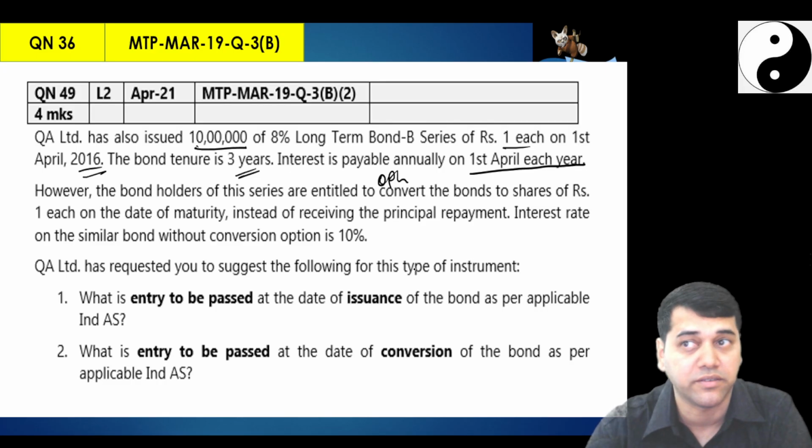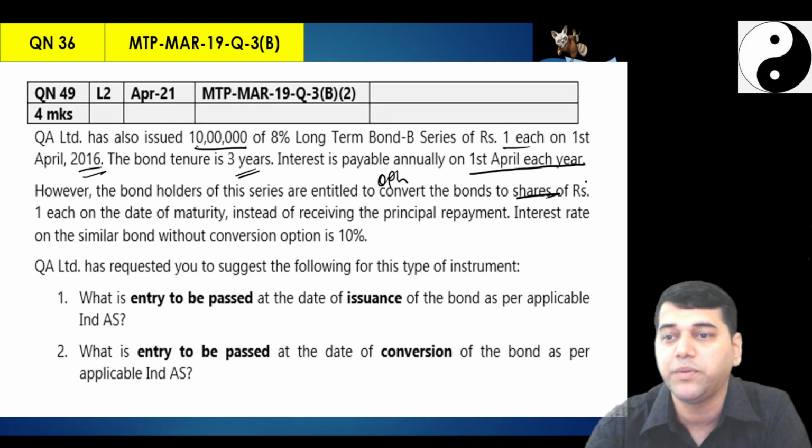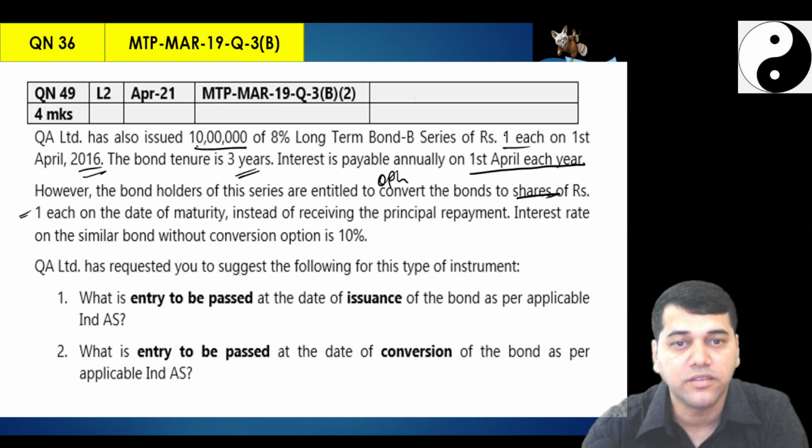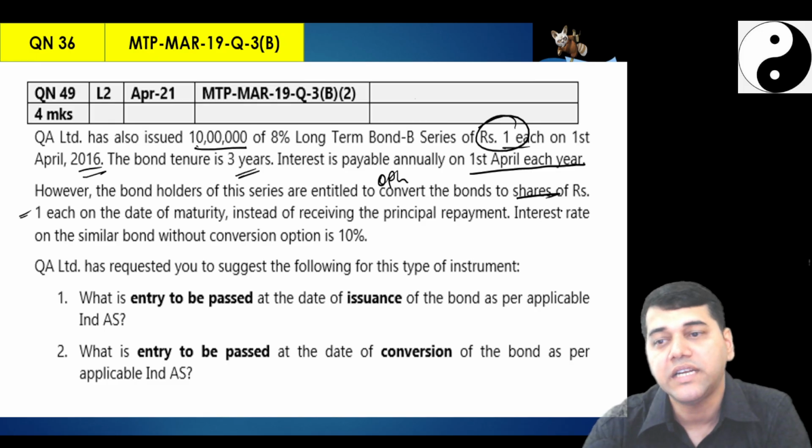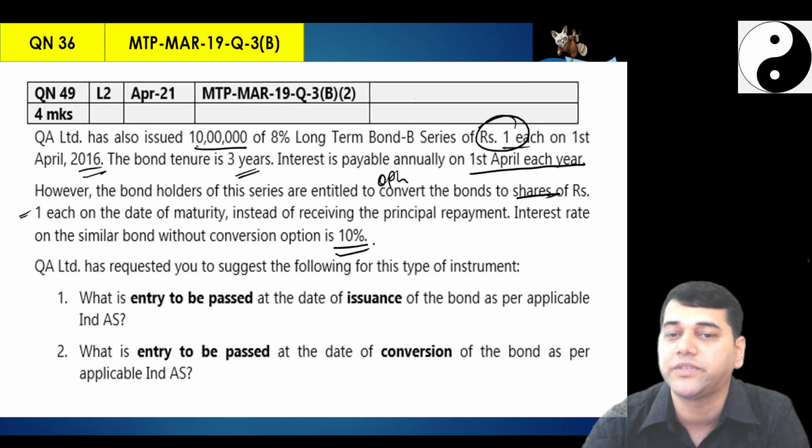Previous was CCPS. On the date of maturity, bonds of 1 each convert into 2 shares of rupees 1 each, instead of receiving the principal payment. What is the 1 each? Face value of equity shares. This is the face value of the preference shares. The interest rate on a similar bond without conversion option is 10%.